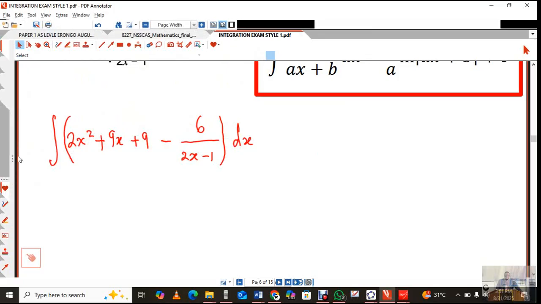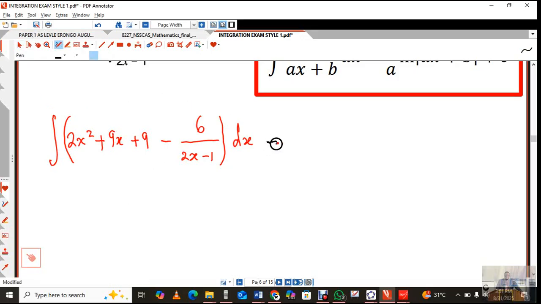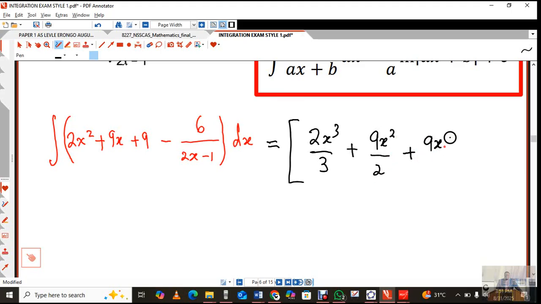Right. So if you were to integrate this, now we know that the integral of this, you just add 1 to the power, so that's 2x cubed over 3 divided by that same power, plus add 1 to that power of 1, which is 2 divided by the same power. This is going to be 9x, and divide that by 1.